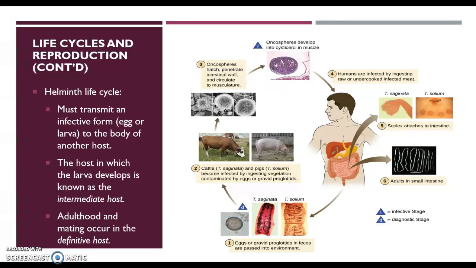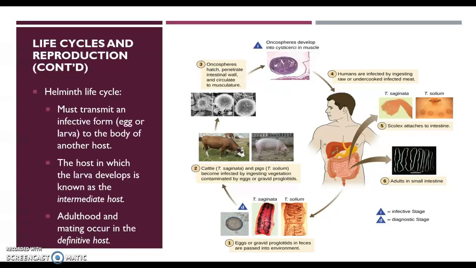As you can see here, we get the development of the adult tapeworm within the intestine of the human host. You can see that tapeworms have a special feature called the scolex, and that attaches to the intestine and helps to adhere the tapeworm within the body of the definitive host.